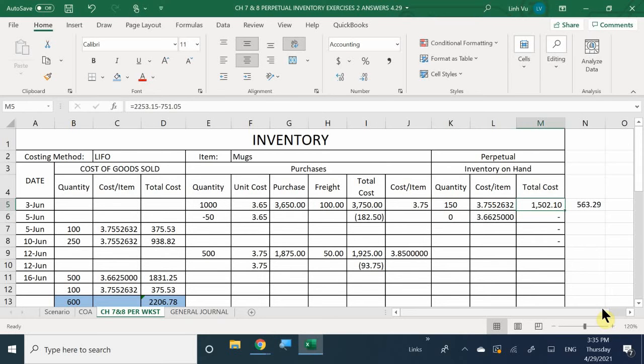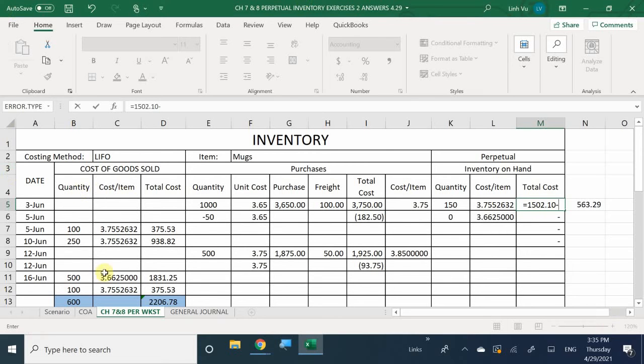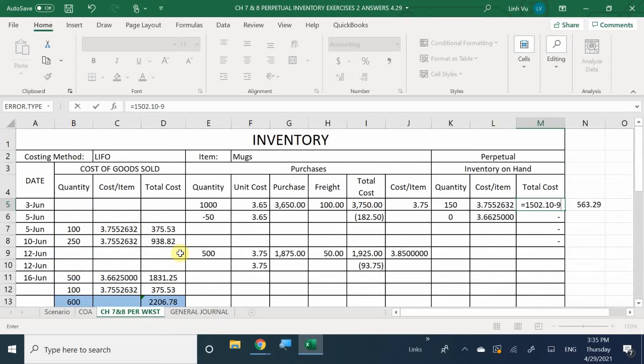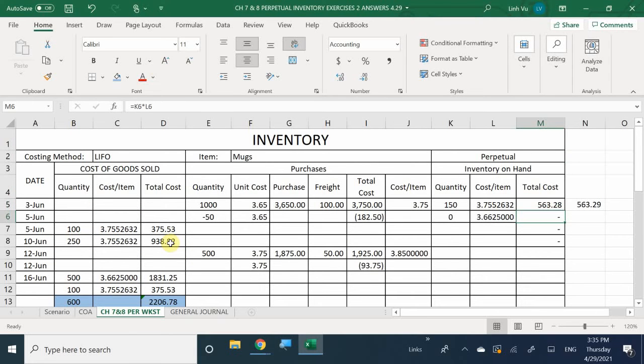So let's see, 1502.10 subtract out, what was it? 938.82. So therefore, I should have $563.28. Okay.